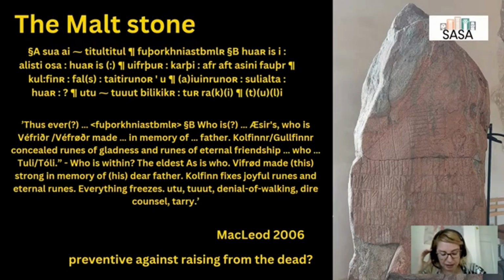So again, at least the last two strings of runes are very difficult to figure out. In many sources, they're not really given, or they're given with question marks. And I'm going to use here a version from 2006 to interpret the runestone, although it's broken at the bottom, so it's not really that certain.